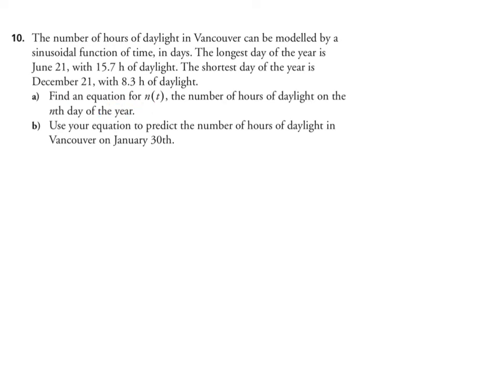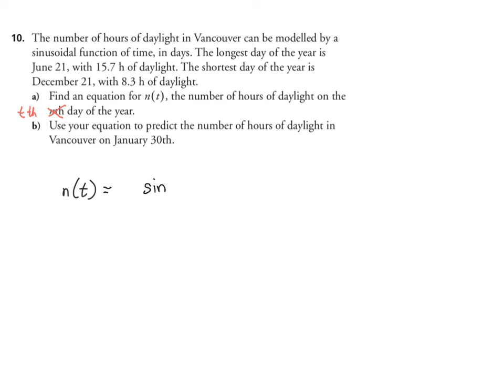Find an equation for n of t, which is the number of daylight hours on the nth day of the year. That actually doesn't make sense. t should be the day of the year. You're plugging in a t to find the number of daylight hours, so it should be the tth day of the year. All right, the equation is, let's use a sine curve.